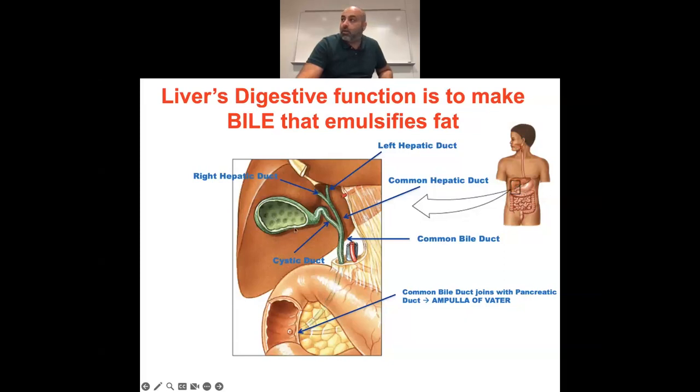Backup, backup, backup, bile drops into gallbladder. Now it sits and concentrates. We pull the water out of it, we concentrate it. Next meal comes, sphincter of Oddi relaxes, CCK is released, the gallbladder contracts, and we push it out. Okay?